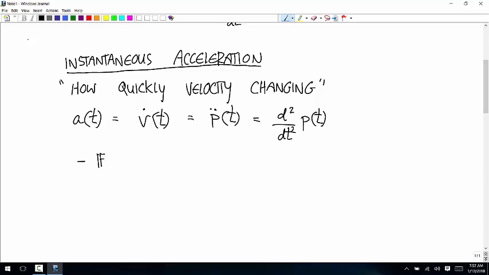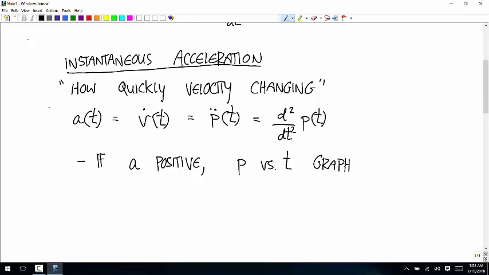If the acceleration is positive, if you're thinking about a position versus time graph, if acceleration is the second time derivative of position, what would be the characteristic of positive acceleration on a position versus time graph?